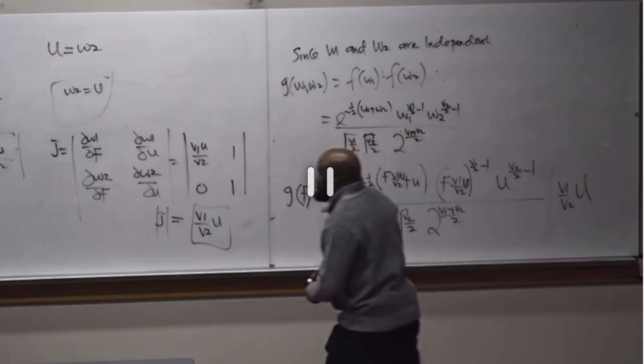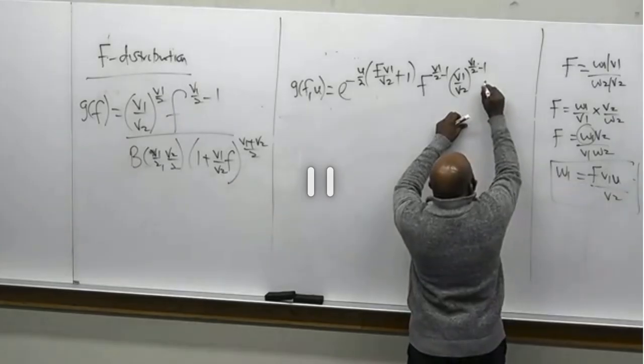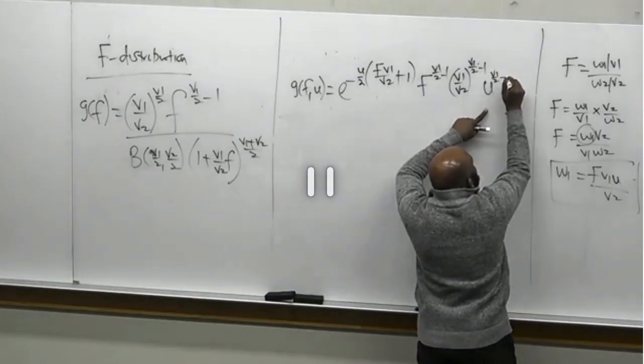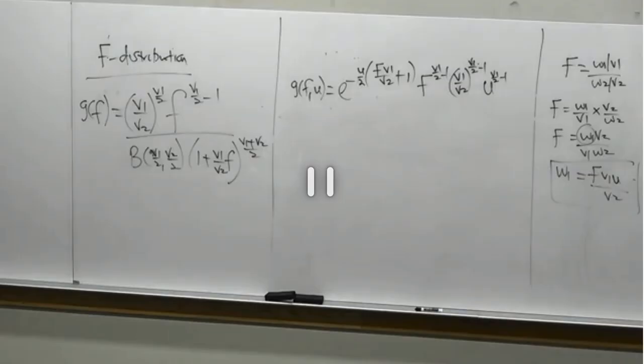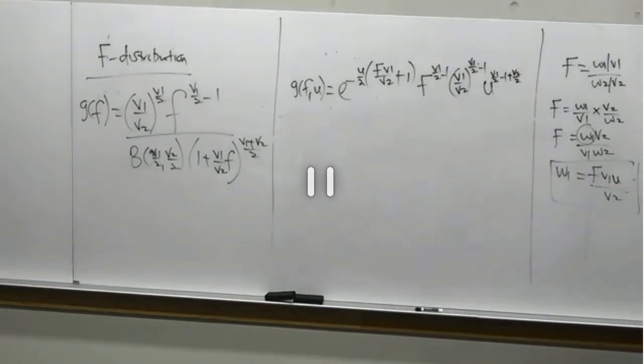Okay, so now I'm going to bring the U out. Inside that parenthesis, V1 over V2 minus 1. This is another U, this is another U. Now I can just combine them. U, I can just put V2 over 2.